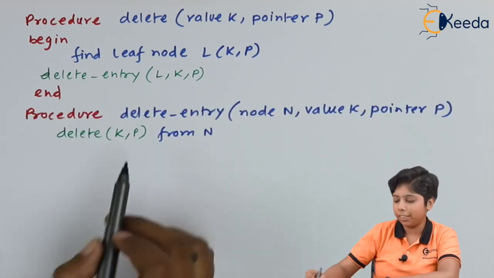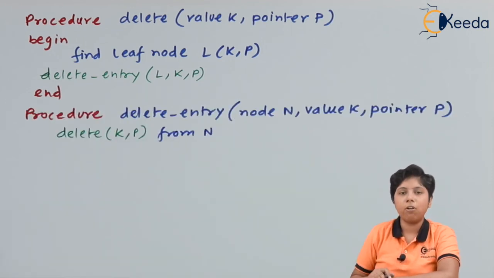Now we need to delete K, P from N. If N is the root node, that means N is the final node that our tree is having, so we can just delete it and make the child node the root node.